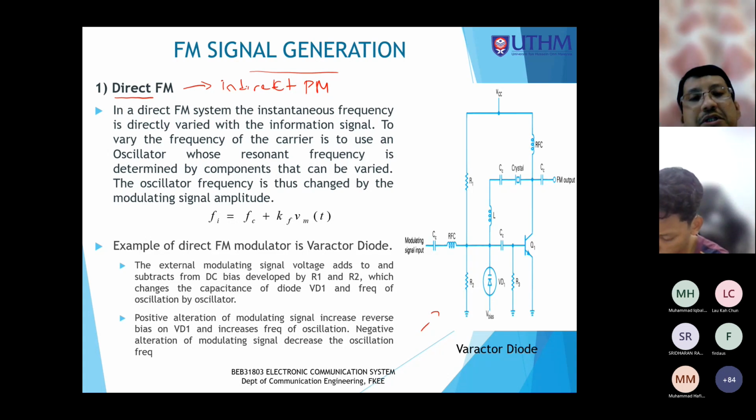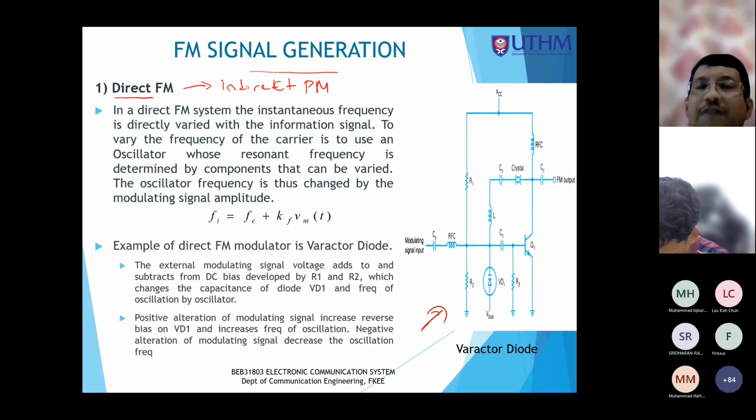If you see the modulator circuit on the right side, this is what we call the varactor diode, one of the types of modulator that are frequently used in the market.